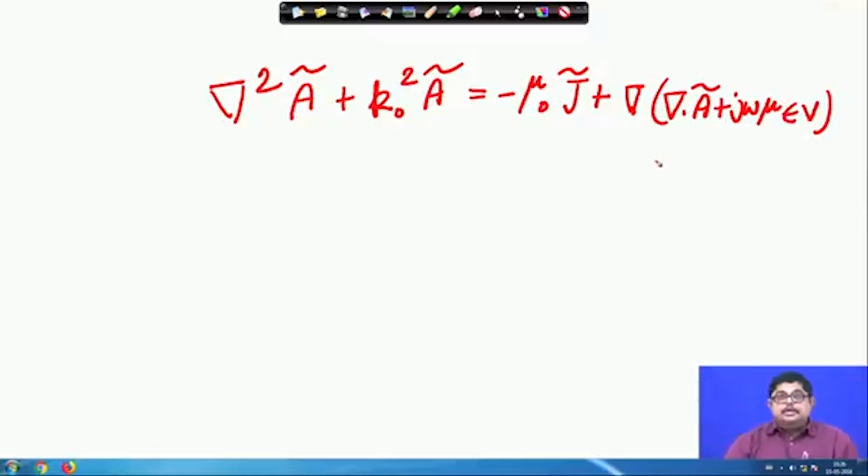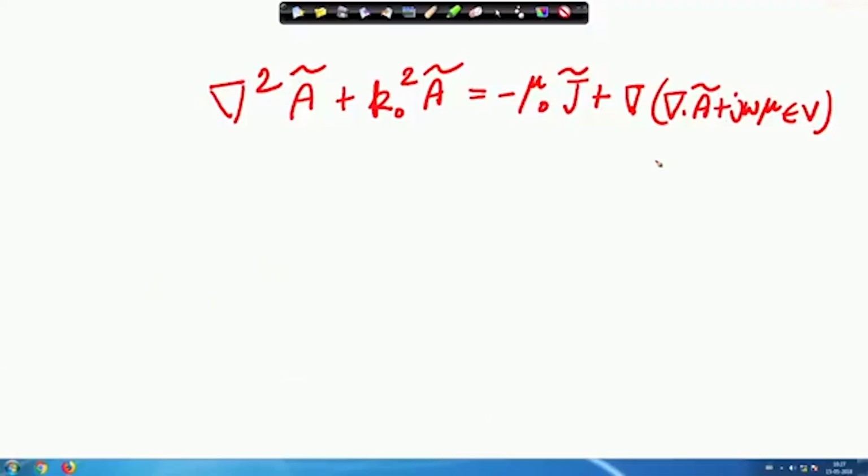and this one, now there is a theorem called Helmholtz theorem, which states that any vector field gets uniquely specified if we specify its divergence and curl. Actually, that is why Maxwell's equations contain divergence of E field and curl of E field, divergence of magnetic field and curl of magnetic field. 4 equations are that.